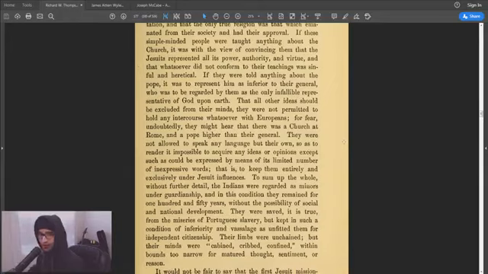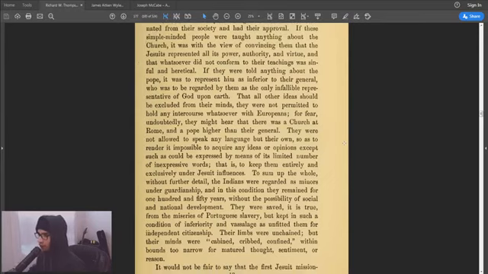Independent citizenship, right, guys? Do you think you have an independent citizenship when you wear a mask just like everyone else? No. Their limbs were unchained, but their minds were, quote, cabined, cribbed, confined, end quote, within bounds too narrow for matured thought, sentiment, or reason.